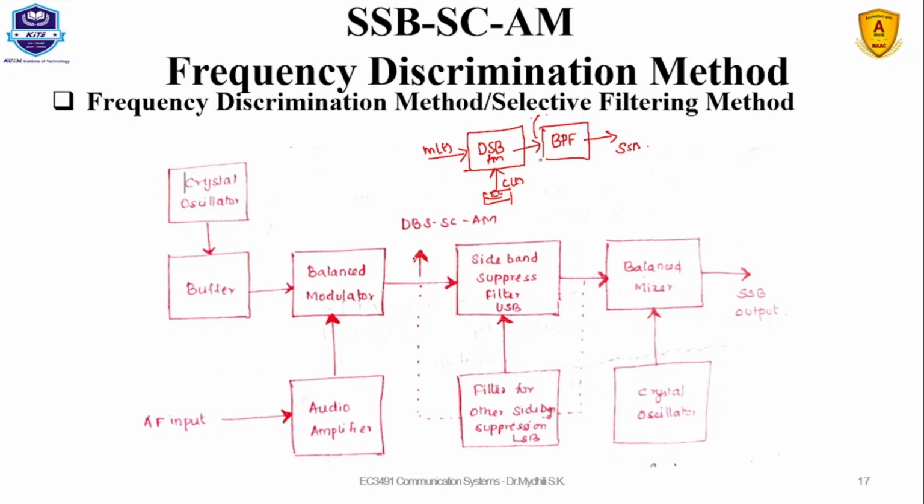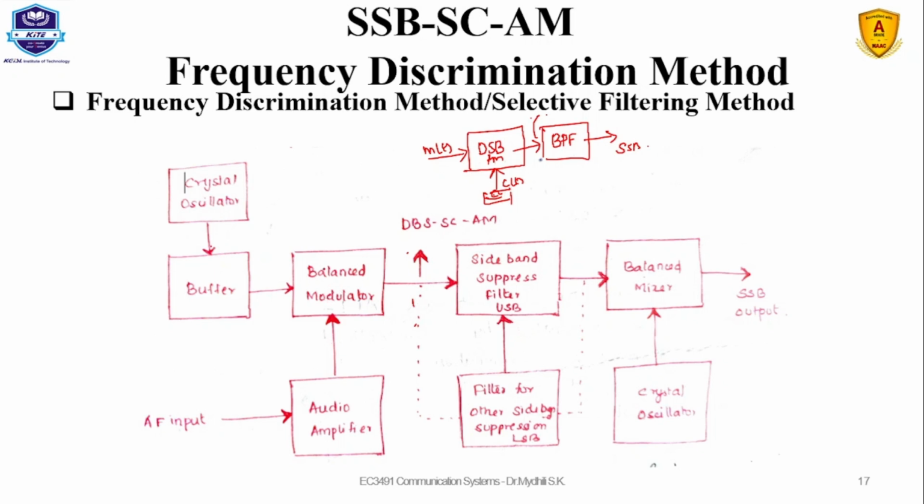This is expanded into versions where the dotted lines act as the DSB-SC AM signal. So this is the message signal which is generated. It can be an audio amplified output which is given here, as well as from a crystal oscillator in a buffered condition, and the required frequency is given to the balanced modulator.